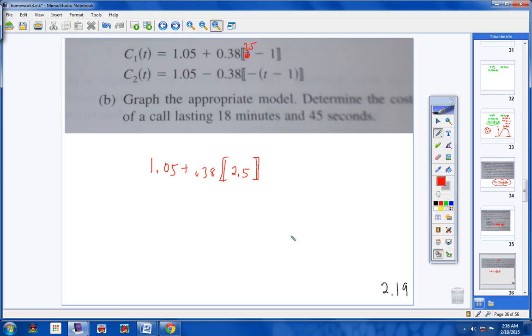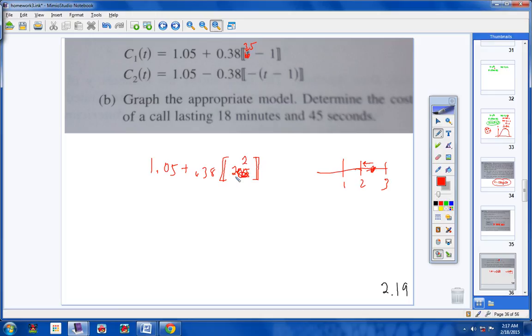Now remember, students, just like absolute value means make the number positive, greatest integer notation means that you want to go to the nearest integer that is less than, the greatest integer below this. So think of a number line. Here's the number line. Here's 1, 2, 3. Here's 2.5 right here. Going to the left, what's the first integer I come to? 2. So the greatest integer of 2.5 is really just going to be 2.